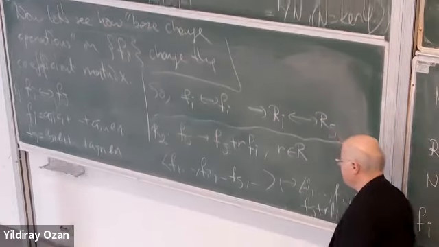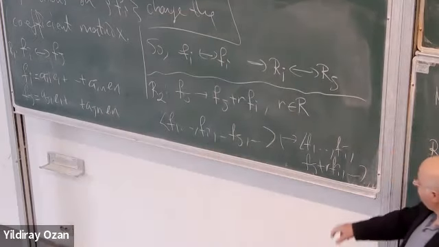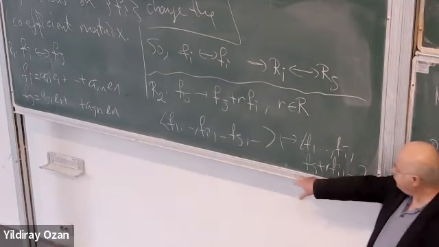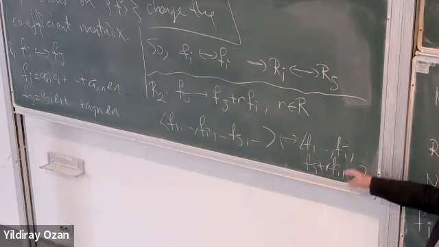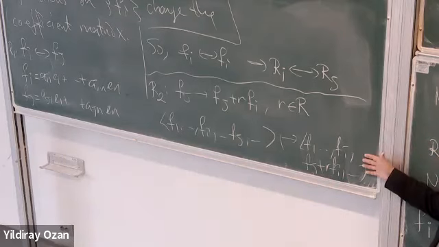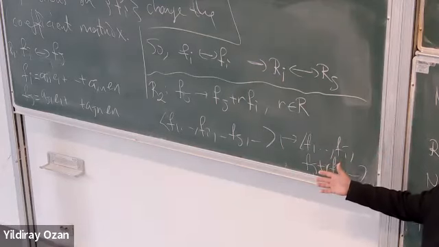So what I'm saying, in this generating set, if I replace f_j by f_j plus r times f_i, I get another generating set, but they generate the same submodule.